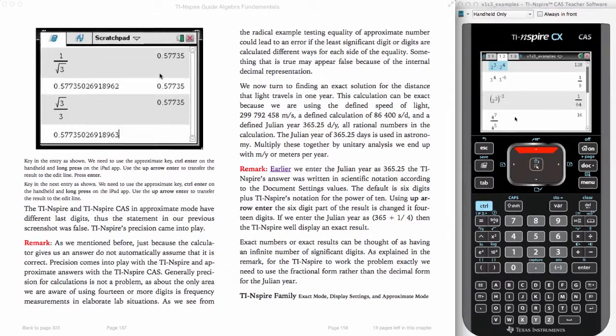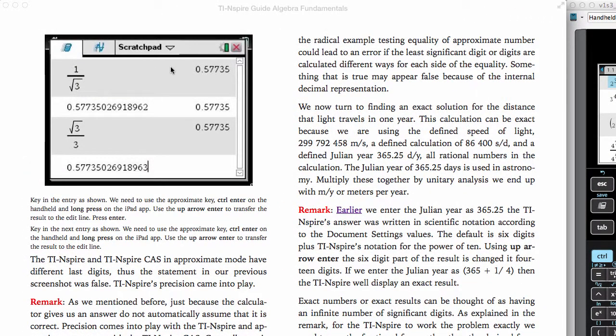Then the calculator stores answers numerically. So 1 over the square root of 3 and 3 over the square root of 3 are mathematically equivalent, but how they're stored in the calculator, one has a 2 and one has a 3.